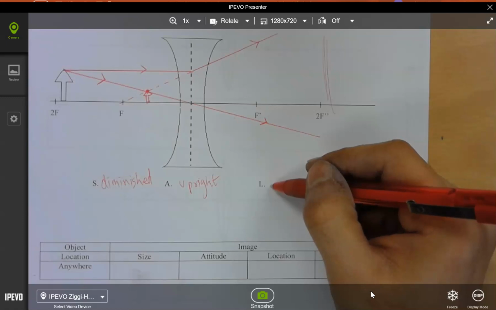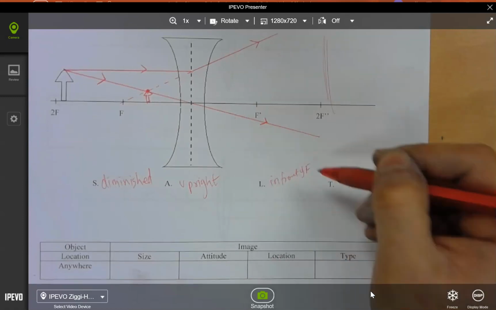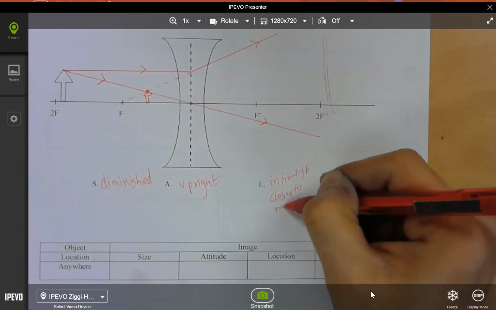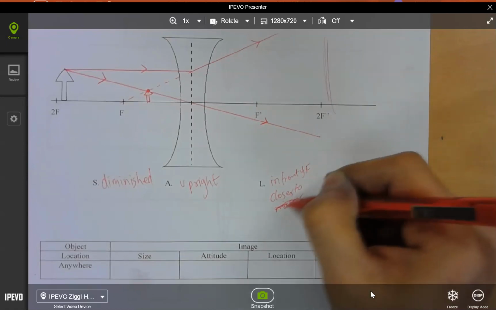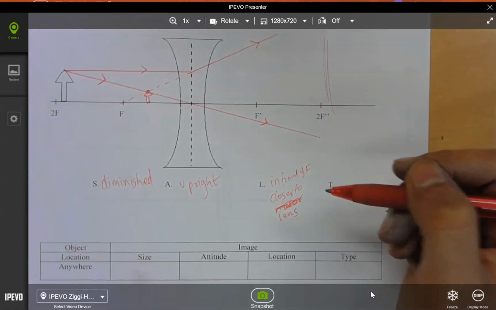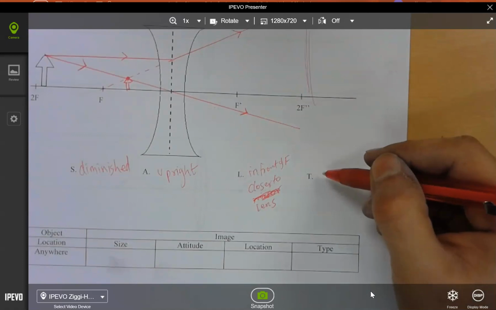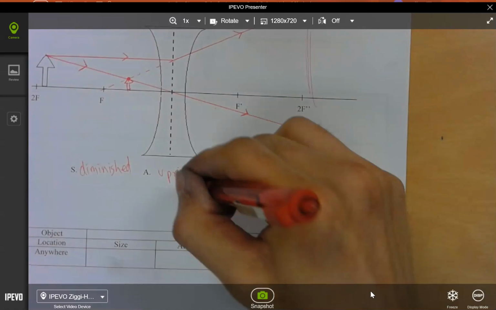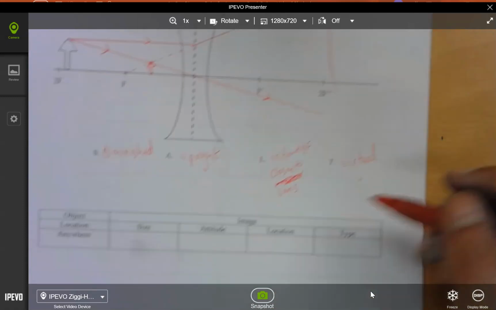In front of F. In this case, but it'll be closer to the mirror. You're right, closer to the lens, my bad. I said mirror too many times in the last week. And our type of image is what? Very good. Upright, virtual image. And you can fill that in.